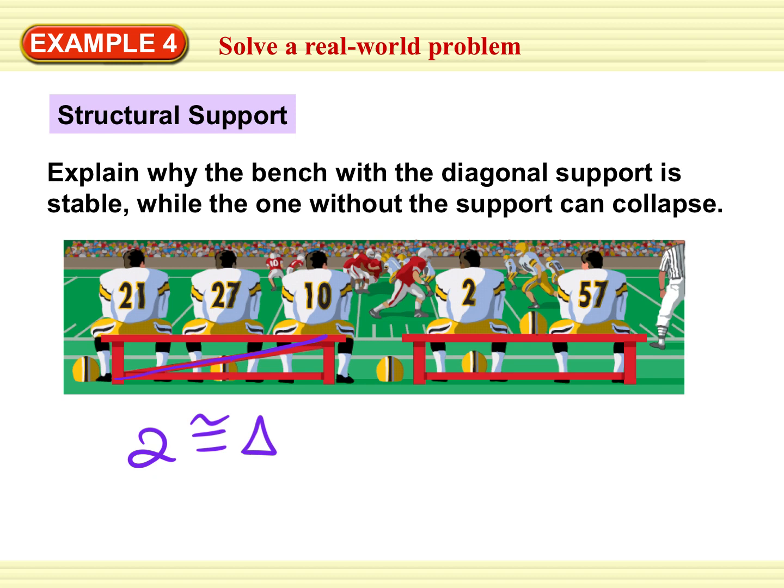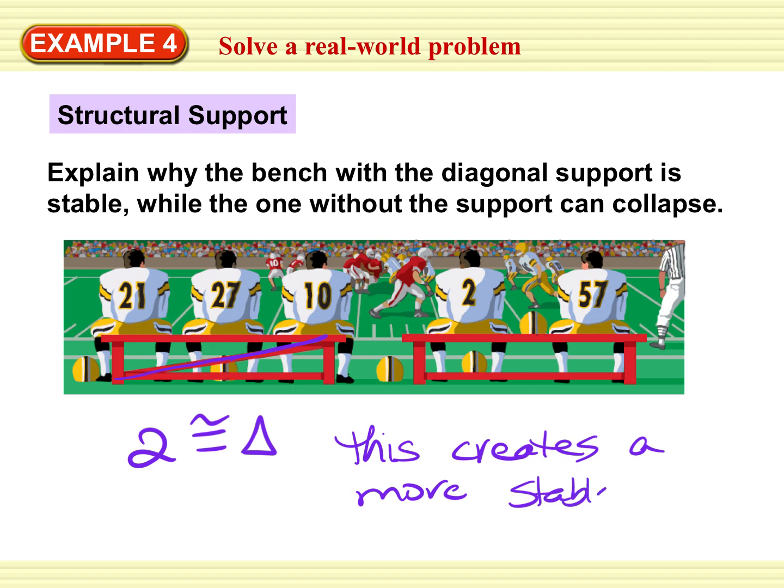And whenever you have 2 congruent triangles, this is going to create a more stable bench. So 2 congruent triangles will cause that bench to become more stable. This one over on the right could wobble back and forth. So the diagonal creates that support, which makes the 2 triangles congruent.